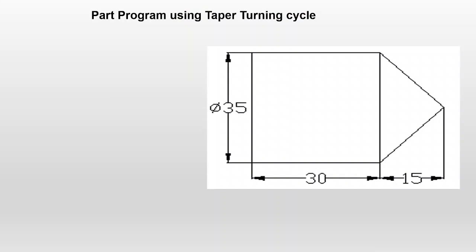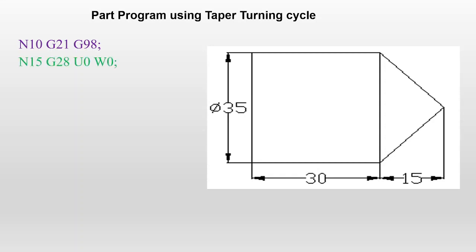Now let us take an example problem and write the program. Let us look at this example problem. Here the diameter is 35 mm, the plane turning is 30, and the taper has a length of 15. At one end the diameter is 0 and at the other end the diameter is 35, so that is the taper given. Initially we have N10, G21, G98: G21 for metric units, G98 for revolutions per minute.